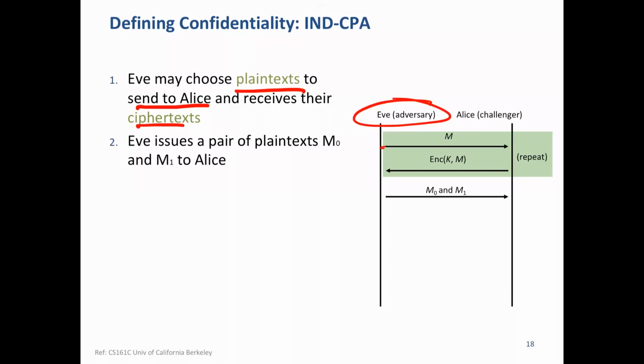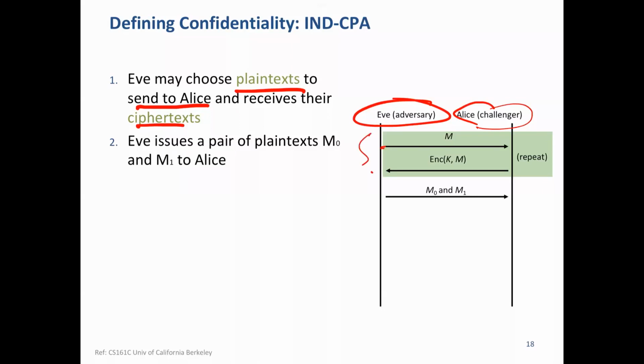So Eve sends a message M, Alice, who is the challenger, receives it and encrypts this message M with a key K and sends it to Eve. Eve can repeat this, sending different messages as many times as she wants.